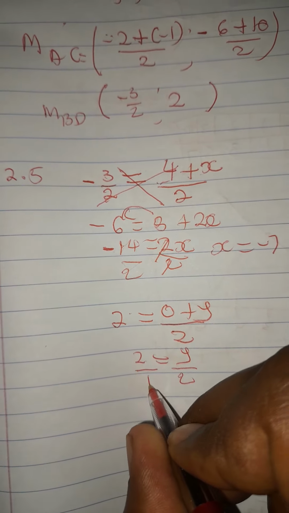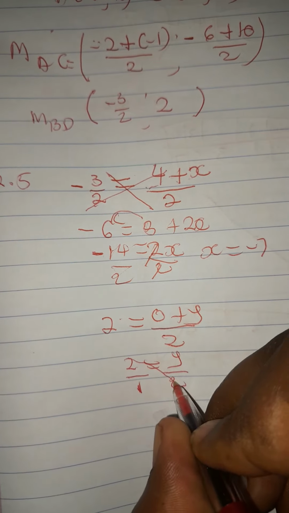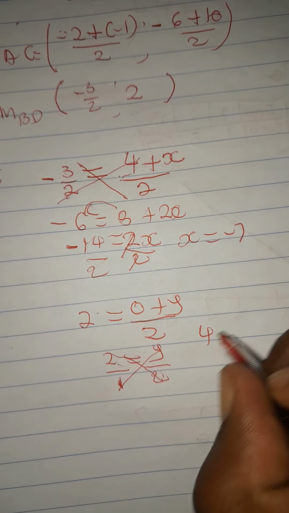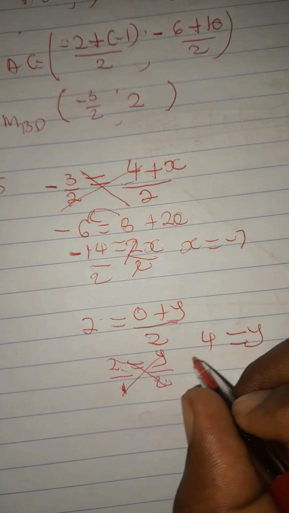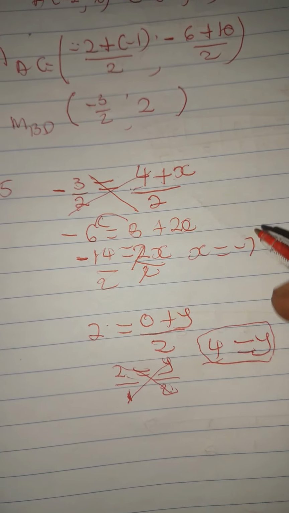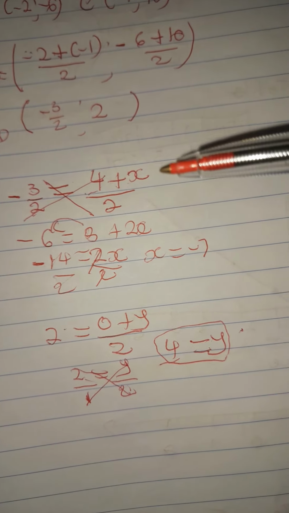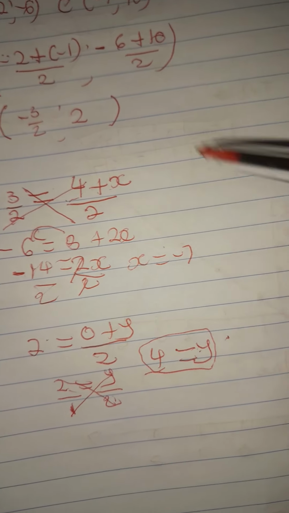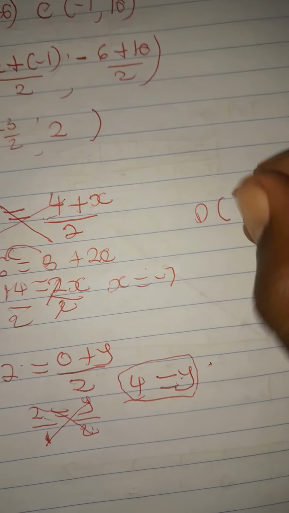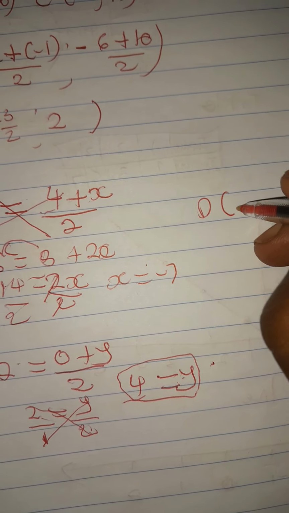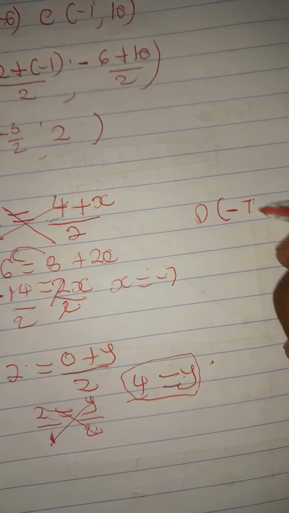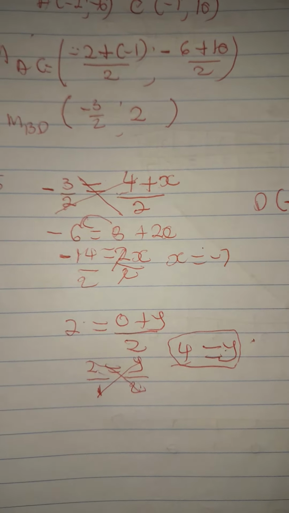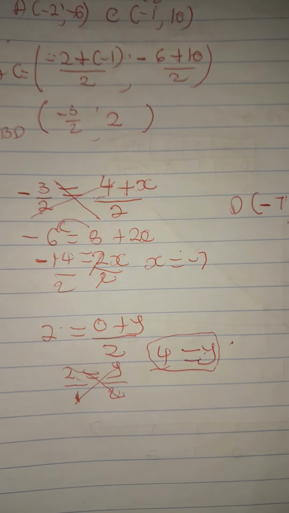So what we are going to do is say 2 times 2 will be 4, and y times 1 will be y. So definitely x is equal to negative 7, and y is equal to 4. Therefore, the coordinate will be negative 7 and 4. So that's how we are going to work with the midpoint to calculate the missing value.